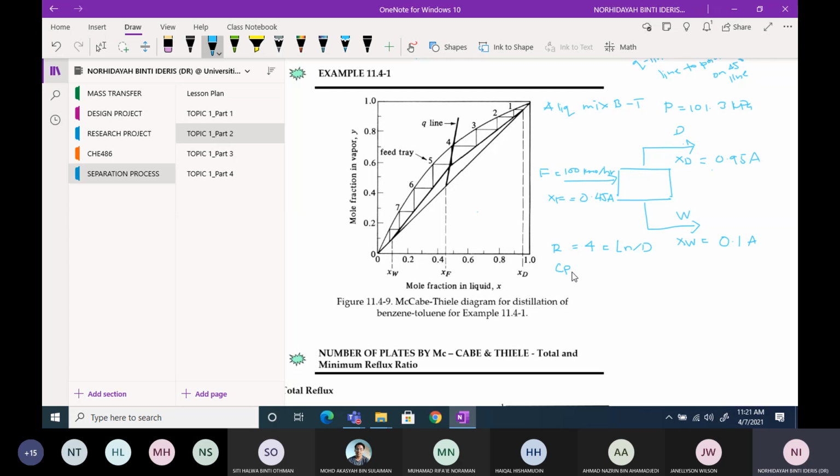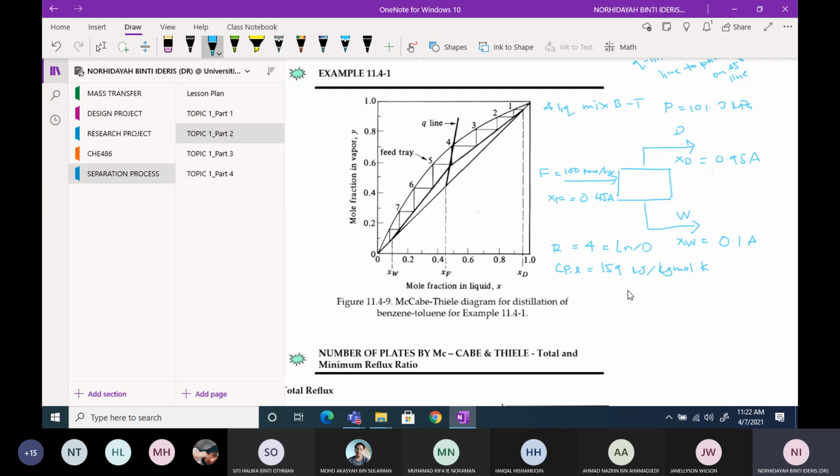But right here it's easy, you just straight away give the value of Cp in liquid, which is 159 kilojoule per kilogram mole. And then the average latent heat is 32.099 kilojoule per kilogram mole.